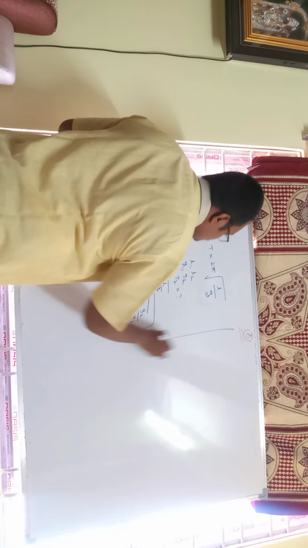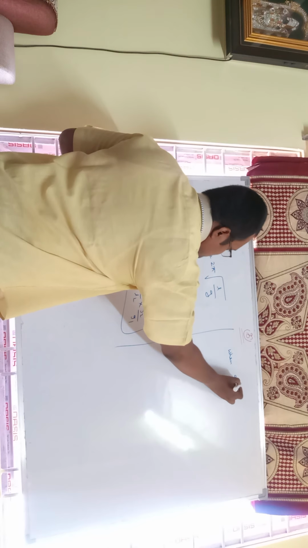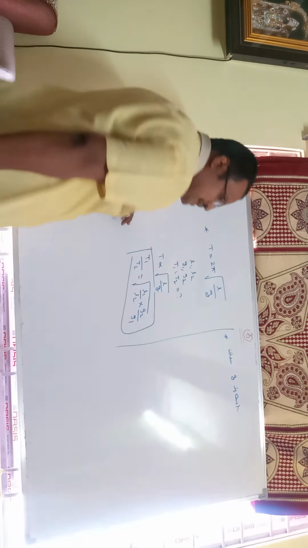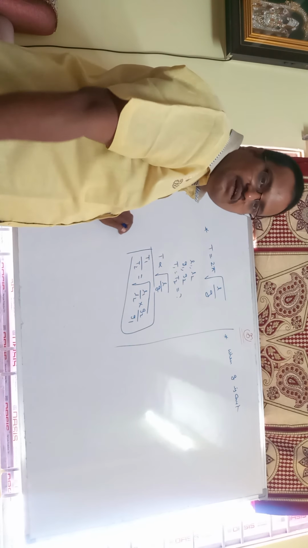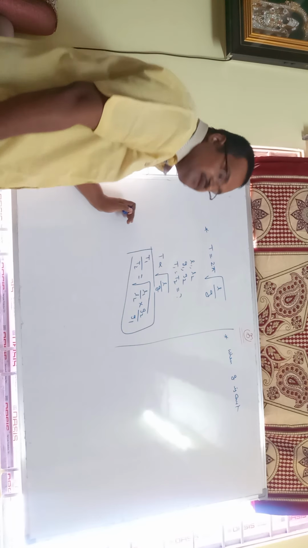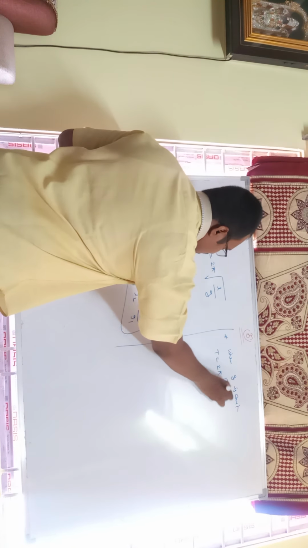Next, for example, when g is constant, that means when the acceleration due to gravity remains constant, then T equal to 2 pi into root over l by g.